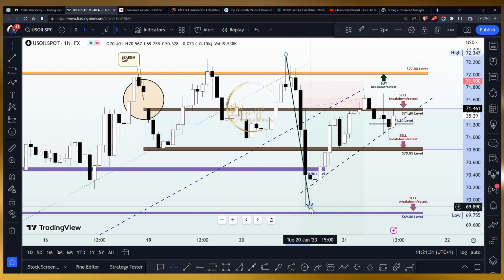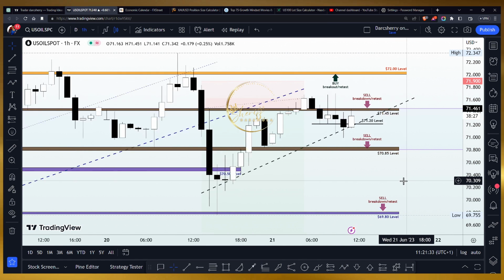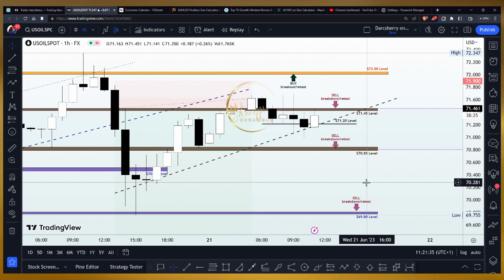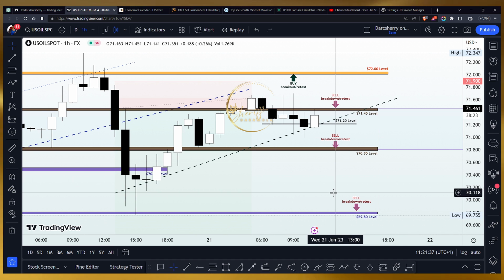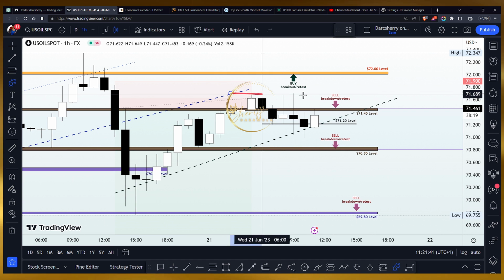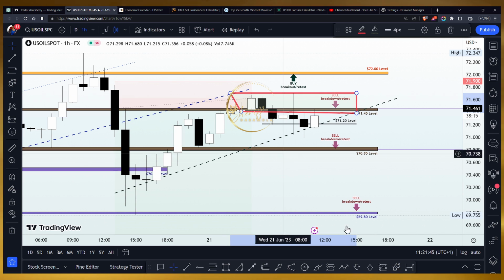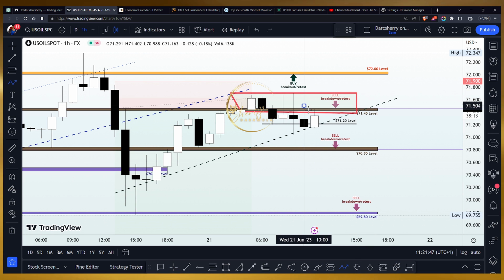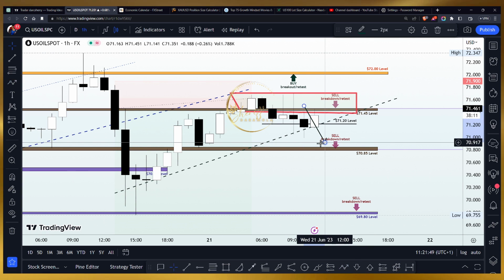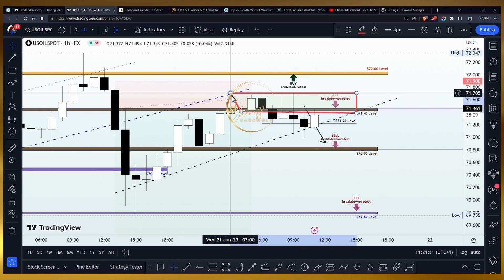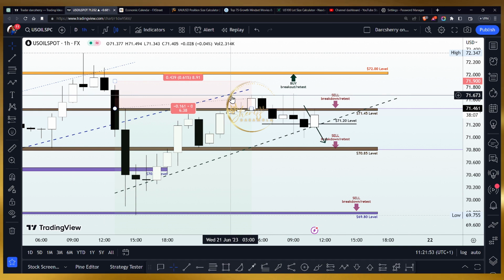So now that we have the situation marked out on our chart, how do we intend to maximize the potential of a bearish move here? So if the selling pressure around the $71.45 level happens and leads into a situation where price action breaks down the trend line to the downside, then at this point I want to be getting ready to be part of the second wave of the bearish momentum that started yesterday.